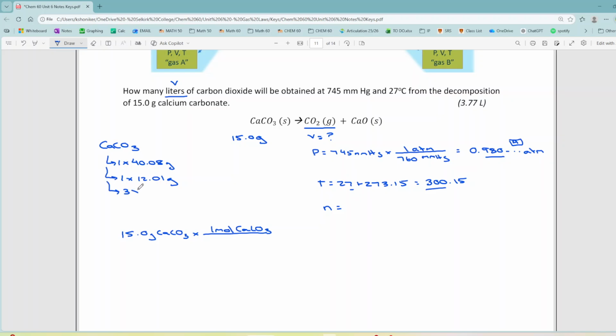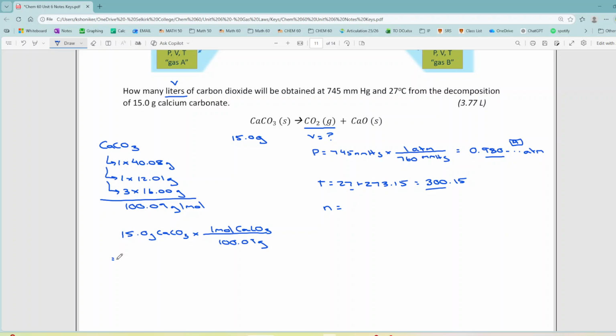And then 3 oxygens that are each 16 grams, for a total molar mass of 40.08 plus 12.01 plus 3 times 16, which gives me 100.09 grams per mole. So 1 mole of calcium carbonate weighs 100.09 grams.